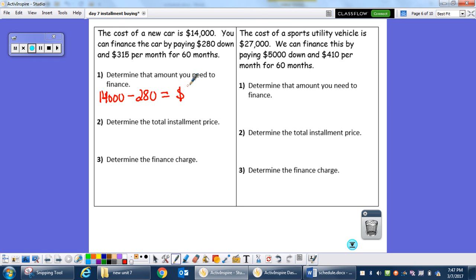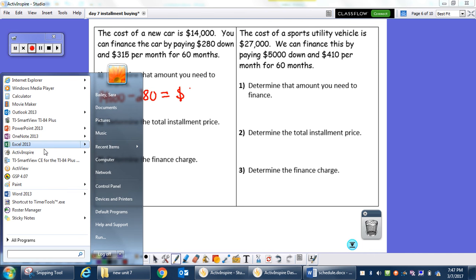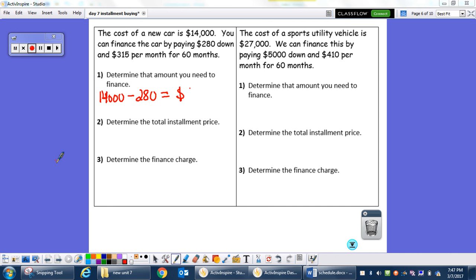So we're going to finance. Oh, Miss Bailey totally did that math wrong. I believe it is going to be, let me whip out that calculator. I'm just going to take a guess, and it's going to say it's $11,200. But I do want to confirm with the calculator.